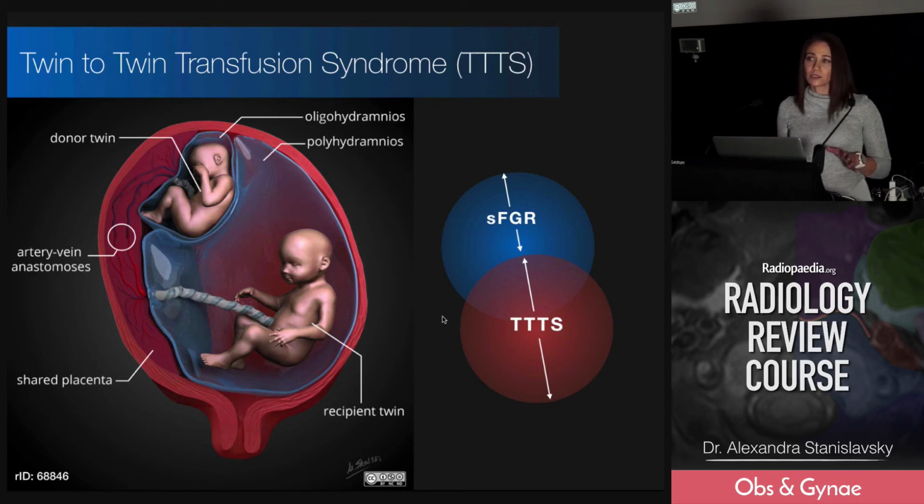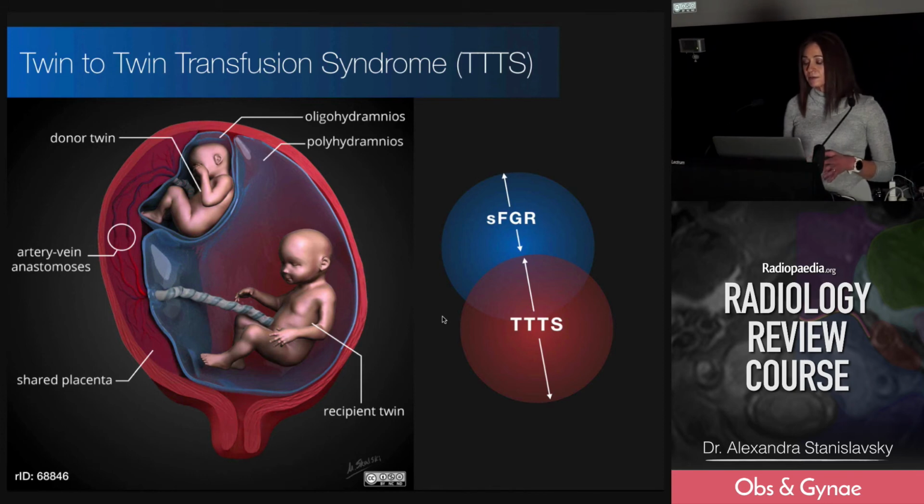What happens with the donor twin is you've got activation of the renin-angiotensin system, so it's actually an endocrinological process which results in oliguria and oligohydramnios. And conversely, of course, in the recipient twin, there is hypovolemia, which results in polyuria and polyhydramnios.